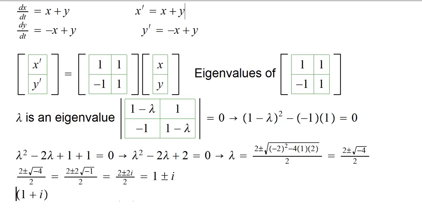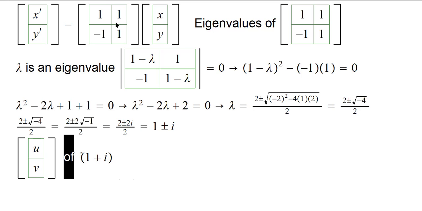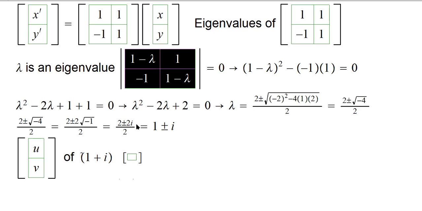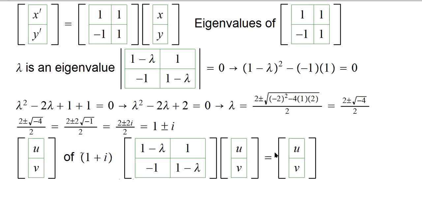So here, remember this, the way we work on this is this. If we take an eigenvector, say (u, v), of this eigenvalue, then what has to happen is that if we multiply this matrix with the column vector (u, v), we should get 0, 0.